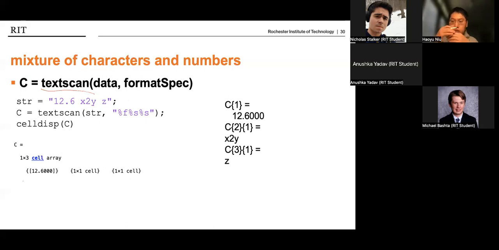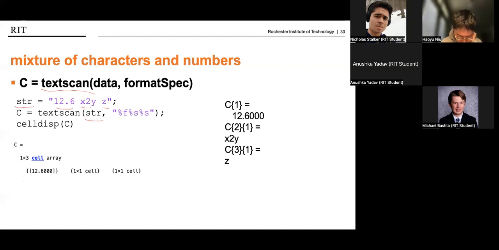Of particular interest in the present discussion is the function textscan, whose syntax is the data and the format specification. Here is a sample string which has three elements separated by spaces. Using textscan, the first argument is our data, and the second one is the format specification.